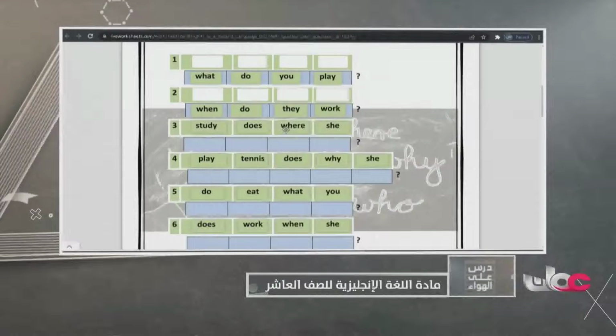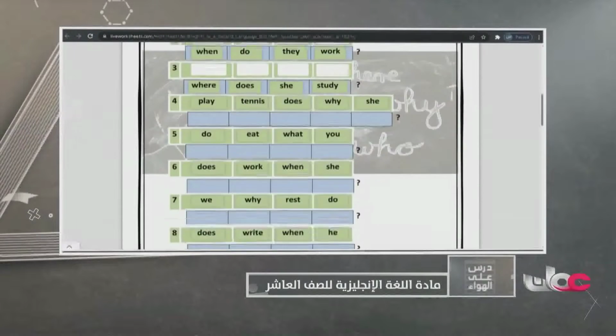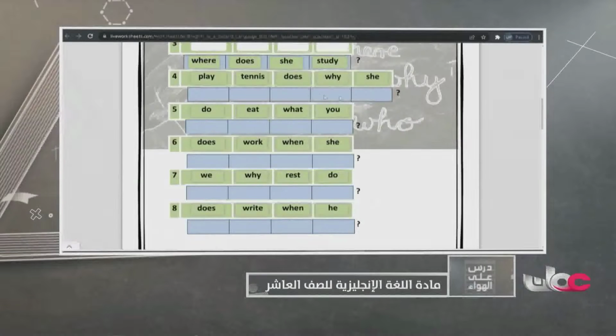Now how can we form a correct WH question? So we should start with where, then the auxiliary verb, and then the subject, and at the end we should write what? The main verb.